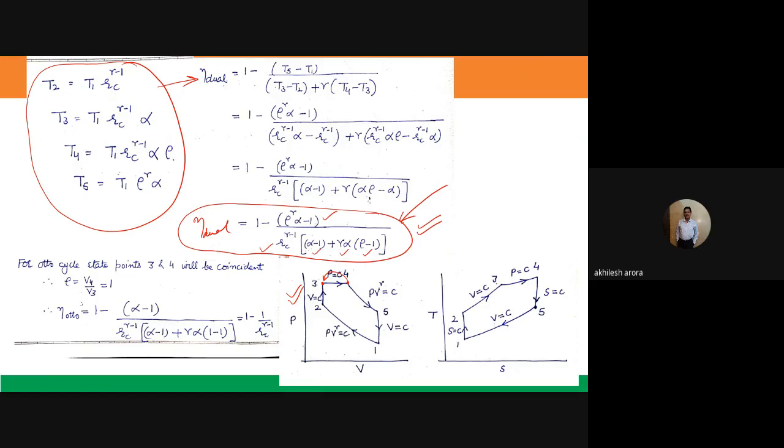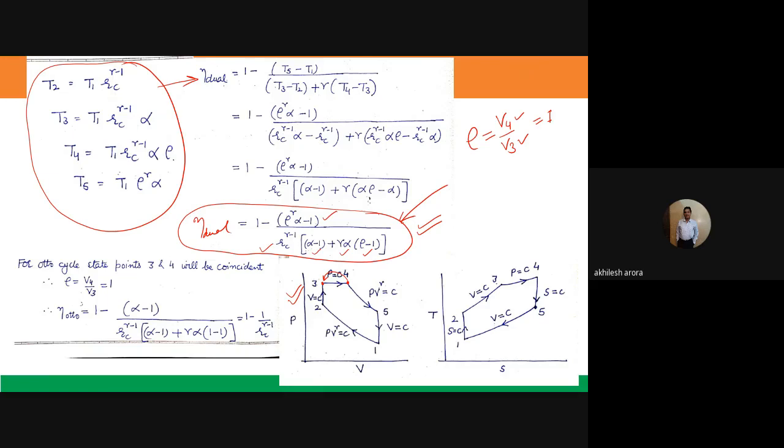When point 3 and point 4 coincide, which value will change? For points 3 and 4 we defined rho, the cutoff ratio, V4 by V3, and when these two points coincide, the value of rho will come out to be 1.